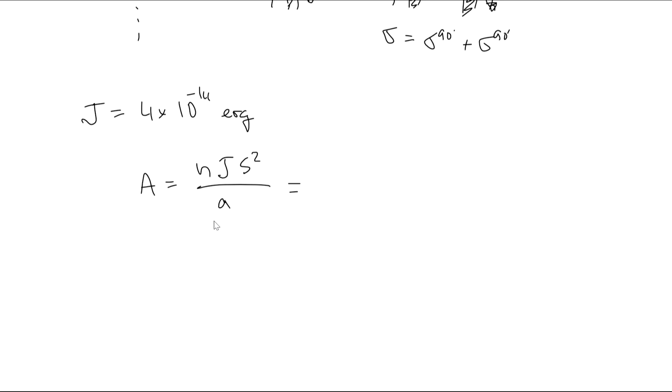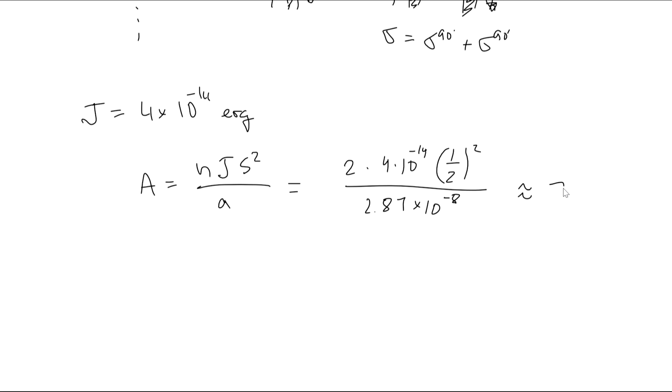If you calculate that for iron, we have 2 atoms per unit cell, 4 times 10 to the negative 14, spin is 1/2 squared, divided by the lattice constant, 97 times 10 to the negative 8. So that is approximately 7 times 10 to the negative 7 erg per centimeter. That can be converted into joules, approximately 7 times 10 to the negative 12 joule per meter.